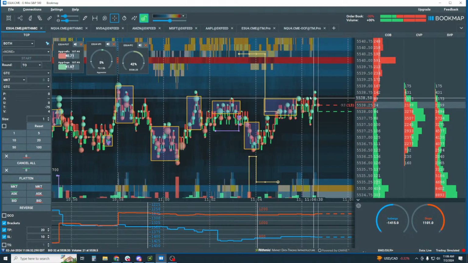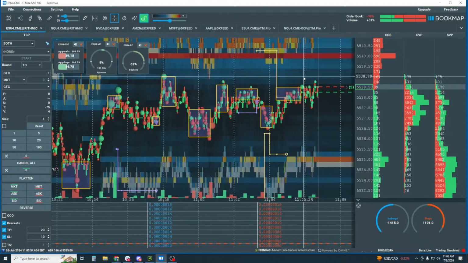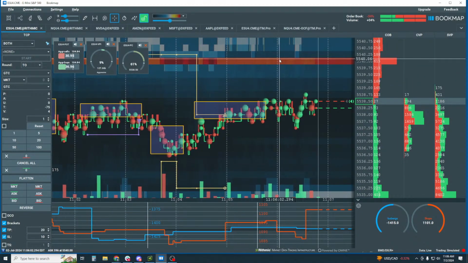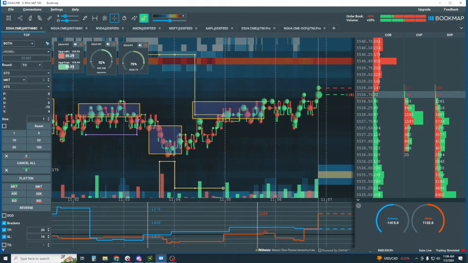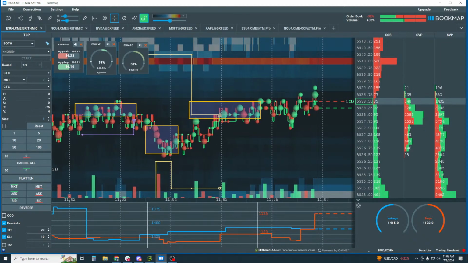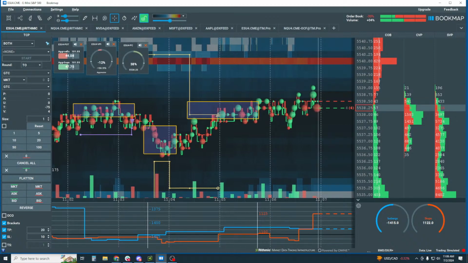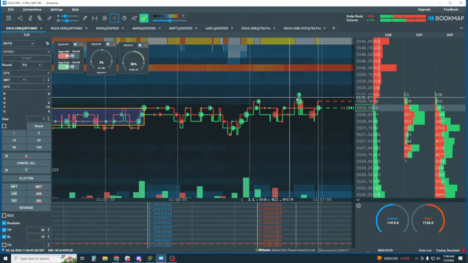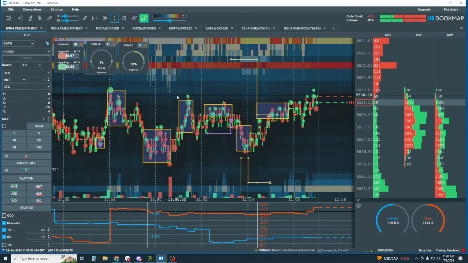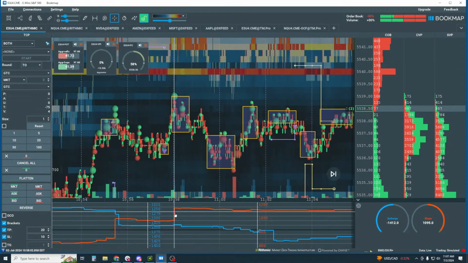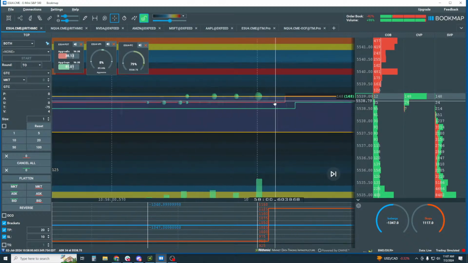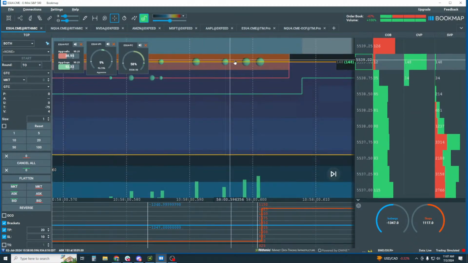Especially on days like today, we've seen this back and forth in here. They have to be on the best bid or offer, but a lot of times these stop runs in here, you'll see transactions off of the best.